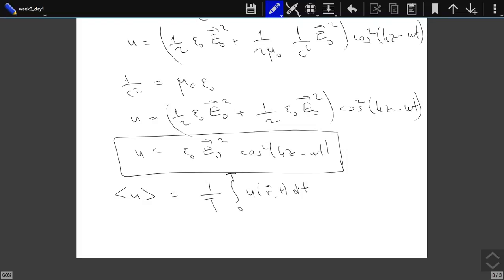And in a wave this just turns out to be 1 over 2 epsilon 0 E0 squared, basically because these are just constants, and the average of cosine squared is just 1 over 2. So this is our energy density.